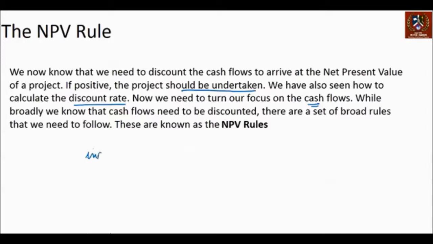So practically, we are going to look at inclusions and exclusions from the cash flows, in order to see what is going to get discounted. We'll take a lot of examples to understand this in more detail. And broadly, this is what is known as the NPV rules.